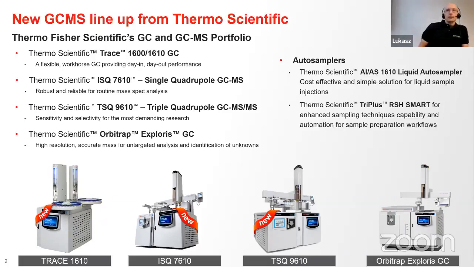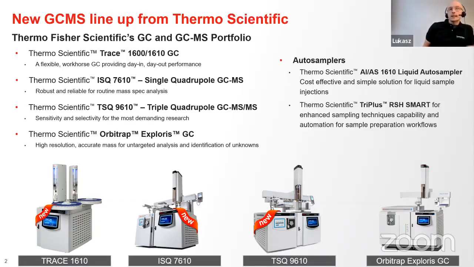Maybe you don't know, but in March this year, we introduced 4 new GCMS products. We showed new gas chromatograph. This is Trace 16 series. We have 2 instruments, 1600 and 1610. We showed new liquid autosampler, AS 1610.